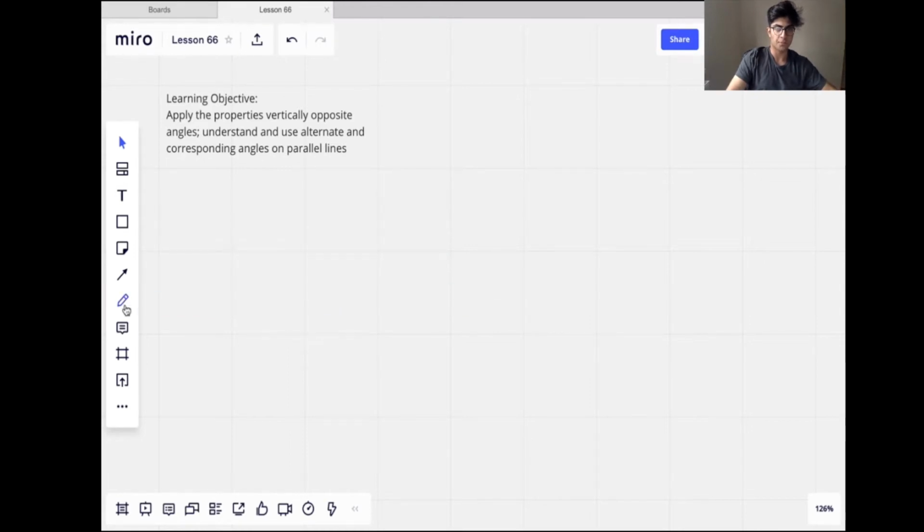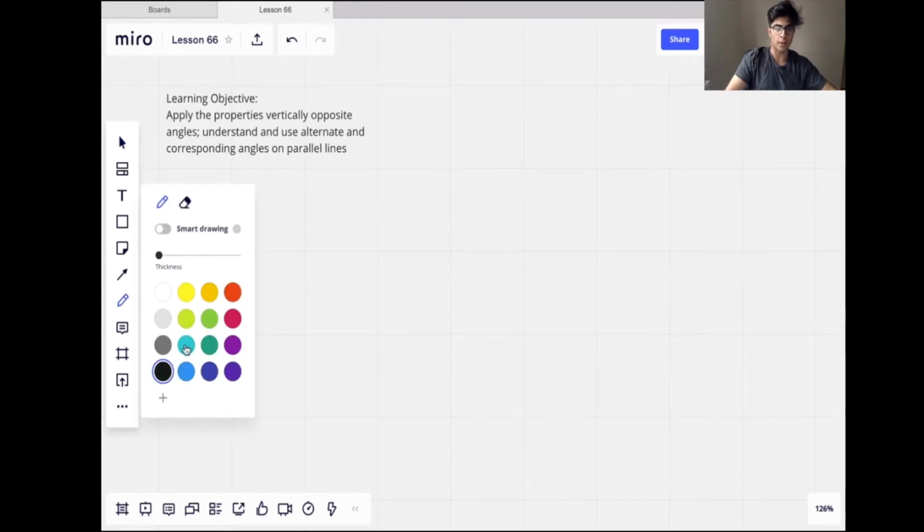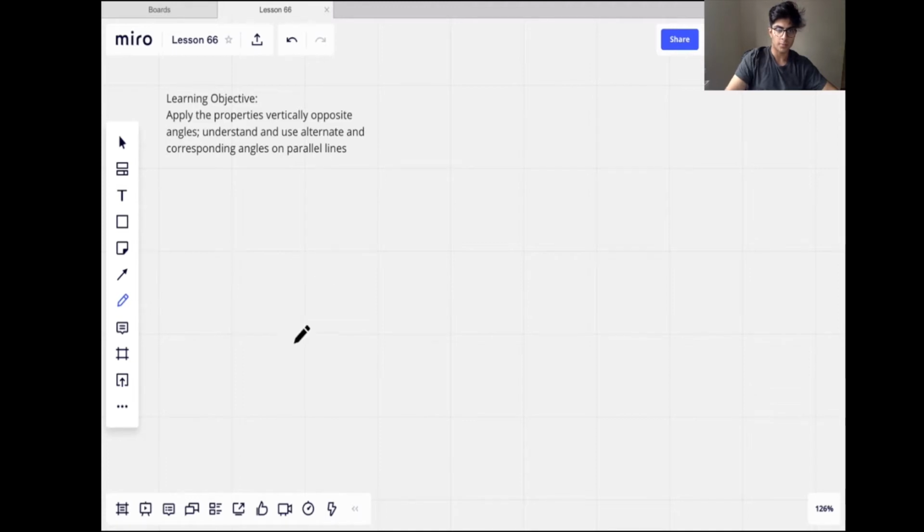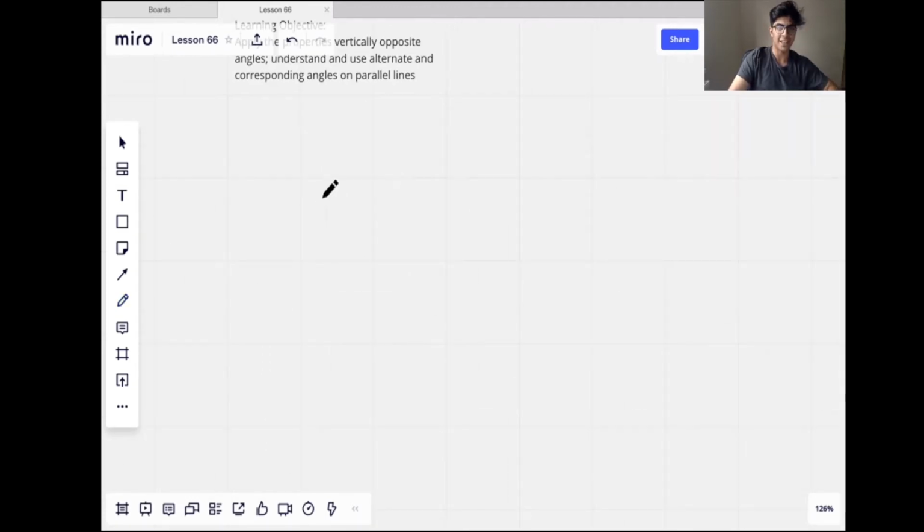If you remember, last video we talked about how we have a circle, and how we can figure out that angles on a straight line will be 180 degrees.